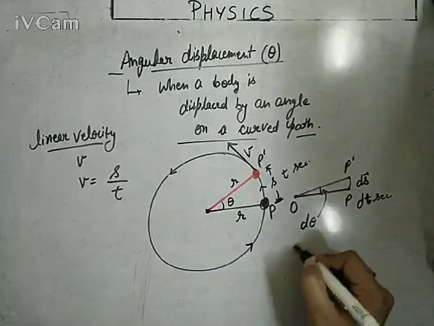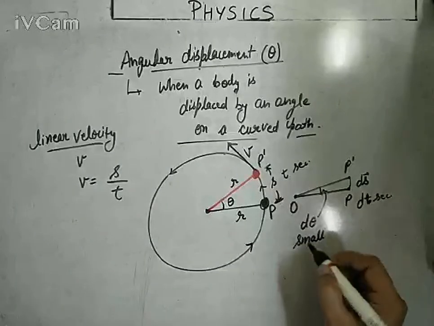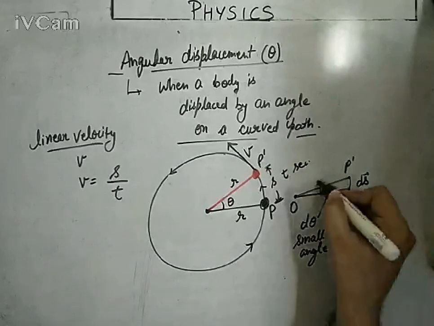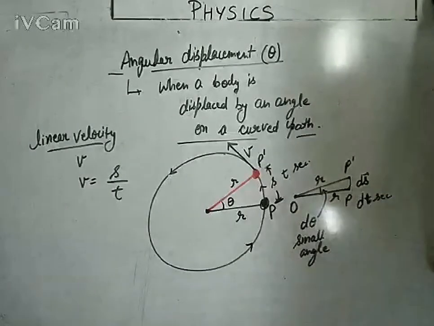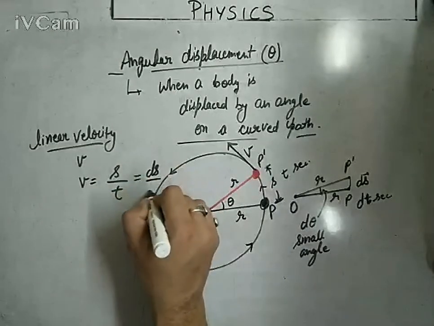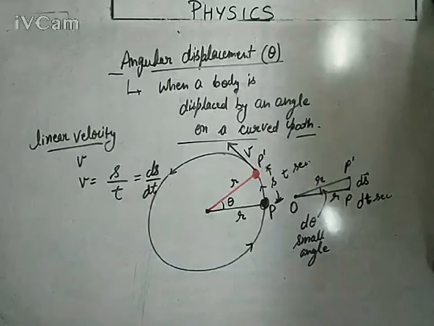It's a small angle. Keep this in your mind. Radius remains the same, that is r. So you can write v is s upon t, or in calculus form ds upon dt. This is the linear velocity v.